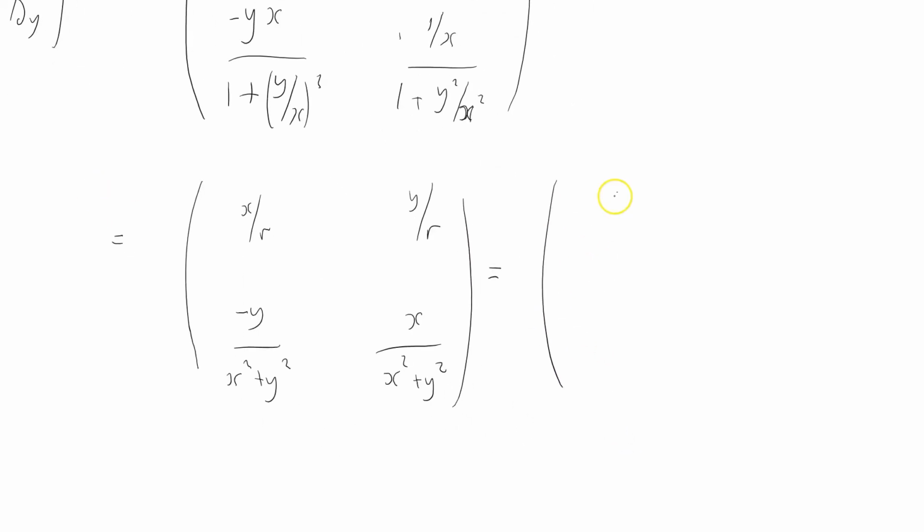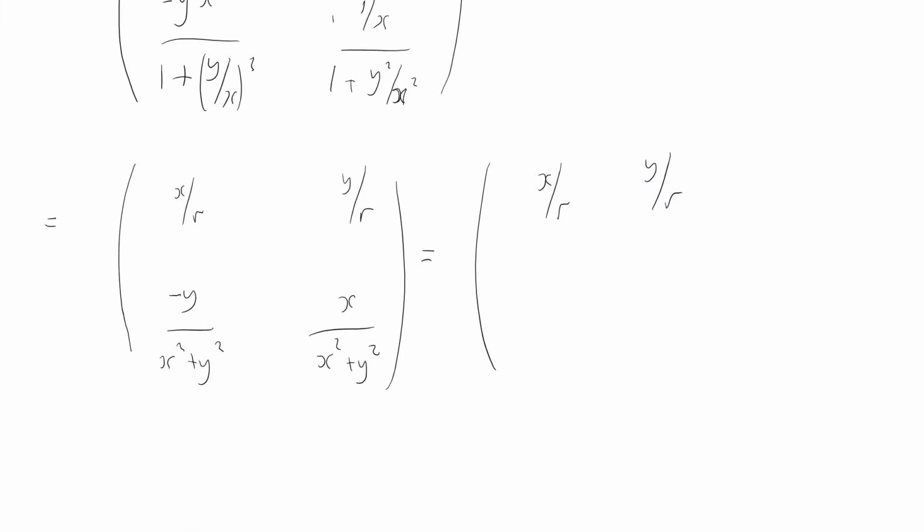Of course this is a bit of a hybrid because I've got x's and r's on both sides, but we'll see when we actually have to do this, because some of the equations we're going to deal with don't have nice inverses, so sometimes we're forced to use this. That's minus y over r times r to the minus 1, and x over r times r to the minus 1.